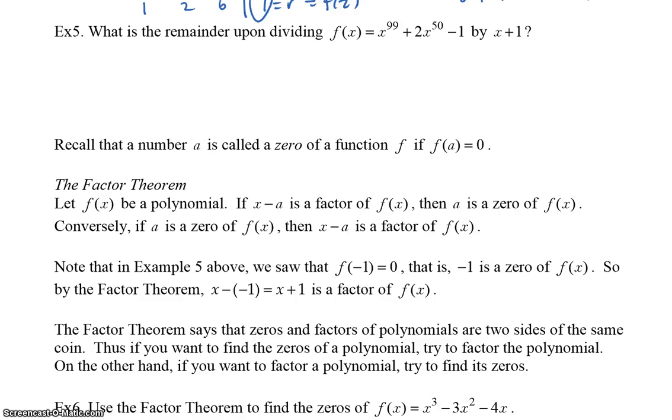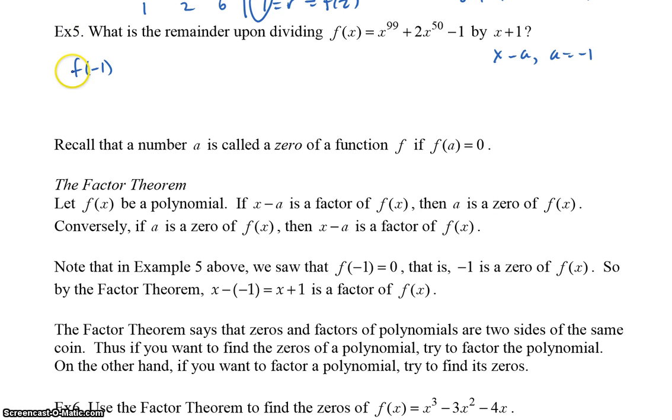However, if we use the remainder theorem, we can determine the remainder by simply evaluating into the function. x plus 1 has the form x minus a, where a is negative 1. So by the remainder theorem, the remainder upon dividing f of x by x plus 1 should be f of negative 1. And it turns out that f of negative 1 is easy to evaluate.